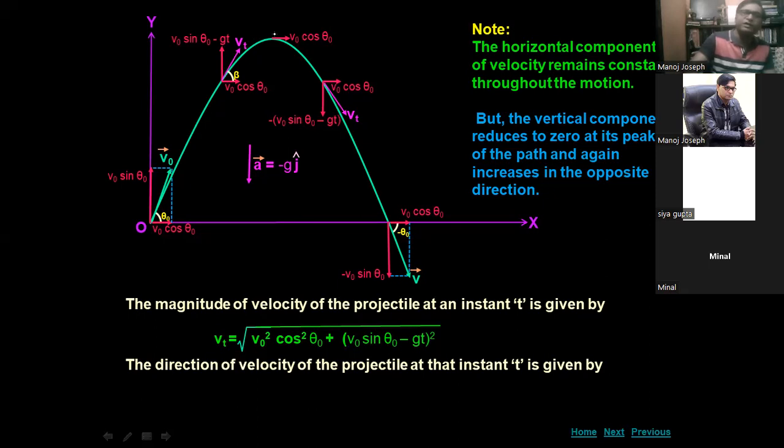Then the body changes its direction and starts to move towards the earth, and again its vertical component starts to increase. So in the first half of the motion, the velocity component along the y-axis decreases. In the next half, from the maximum height down to the ground, the vertical velocity component begins to increase again. And this is the velocity with which the body strikes the ground.